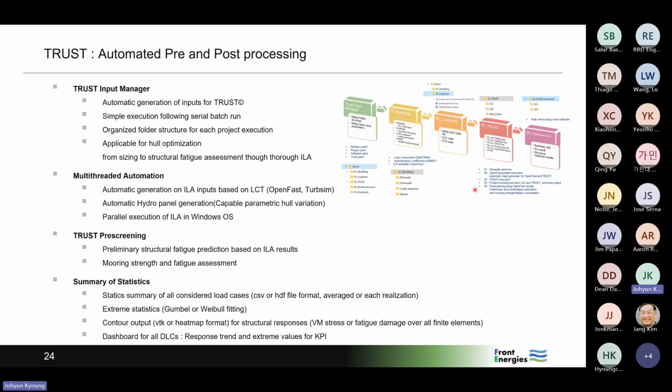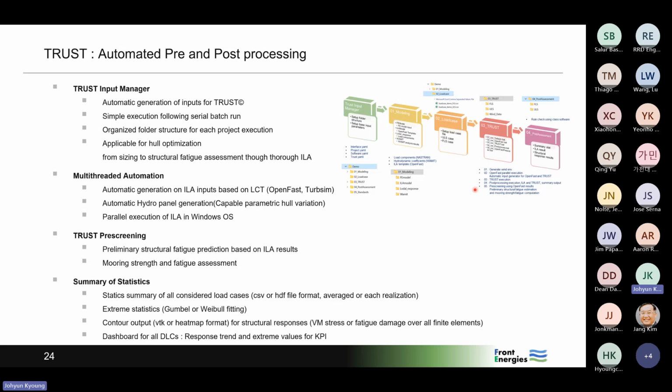Through this TRUST Input Manager, it can automatically generate all the input files for the TRUST application, for example, the ILA input and the structural mapping input. And we also provide a formalized folder structure. The folders are named very intuitively, so the engineer can easily access the folder and get the results.